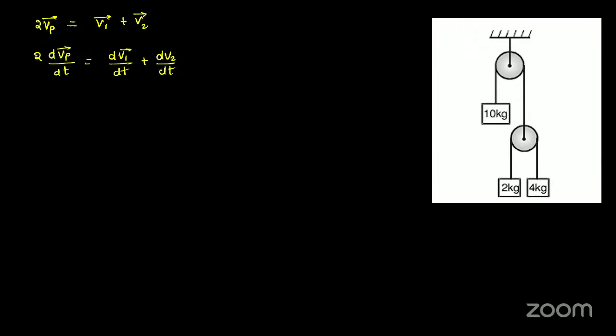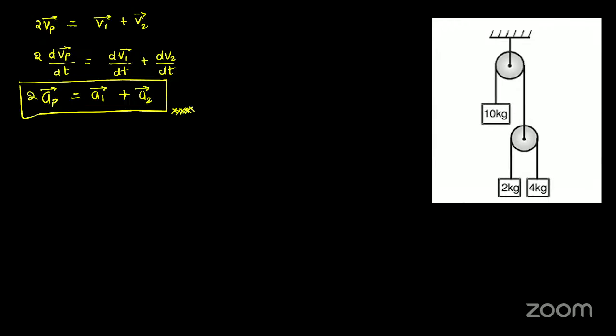So this will become 2 times acceleration of pulley is equal to A1, acceleration of block 1, plus acceleration of block 2. इसका मतलब क्या हुआ? Whenever the pulley is moving, तो उसके अक्रॉस जो भी ब्लॉक्स हैं उनका जो एक्सेलरेशन होगा, that would be different, ठीक है, that would be different and given by this velocity relation.